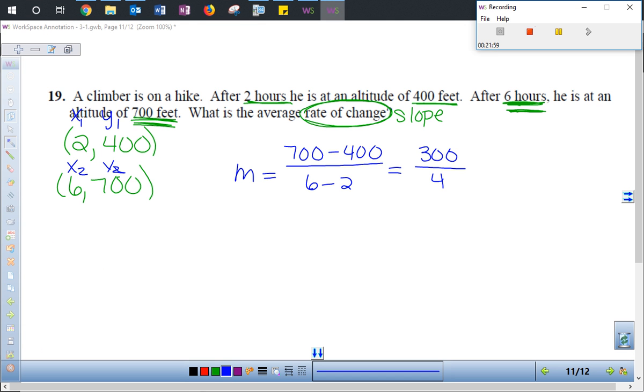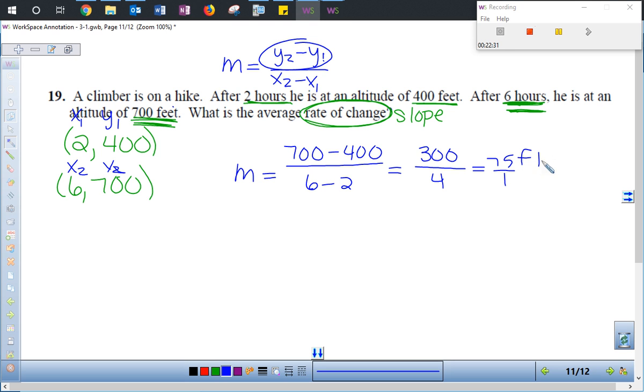So I'm going to come back to my guy here. 300 over 4 equals 75 over 1. Now the final thing we need to do is put some labels. So 75 is in the numerator and 1 is in the denominator. Now slope is typically something per something. Remember, slope was y sub 2 minus y sub 1 over x sub 2 minus x sub 1. Now y's here, we had 400 and 700 represented feet, so that's going to be 75 feet.